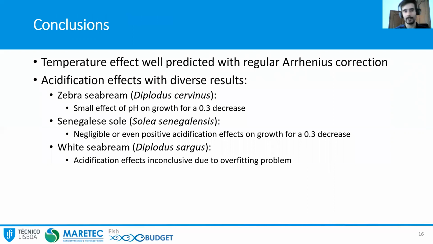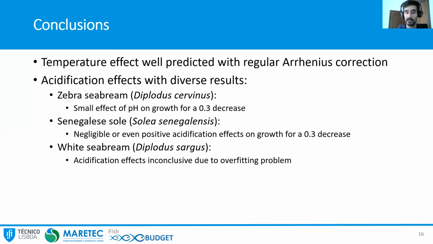So with this, we can conclude that the temperature effect was well predicted by the regular Reynolds correction. And we can conclude that the acidification effects were varied. For the zebra seagreen, we obtained a small effect of pH on growth for a 0.3 decrease of pH.